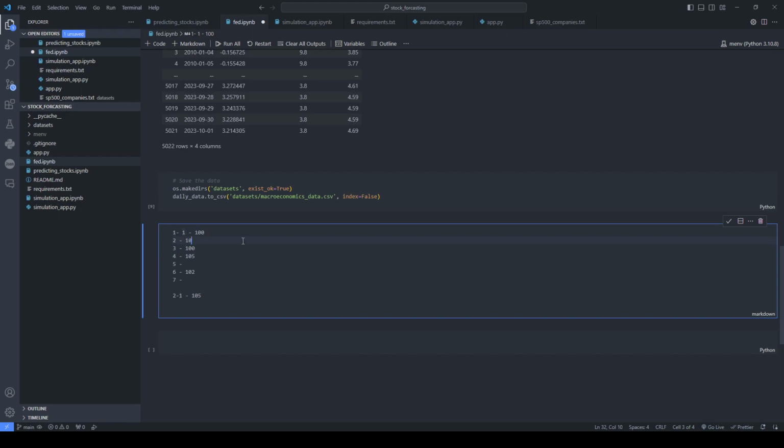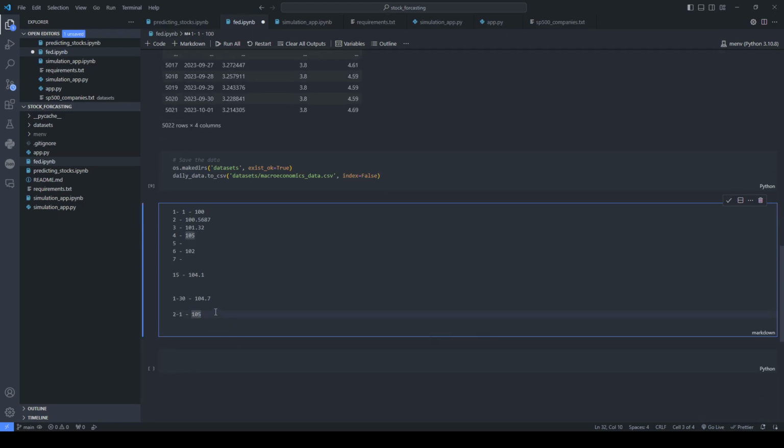So this might be 100.5, this 101.3, it just gradually increases. Maybe the 15th day is 104.2, and on the last day of January it's about 104.7, and then it hits 105.